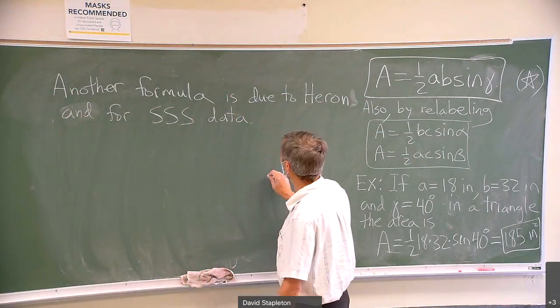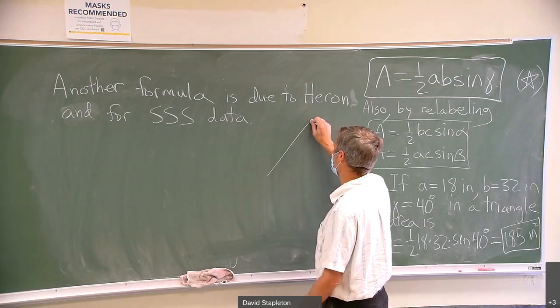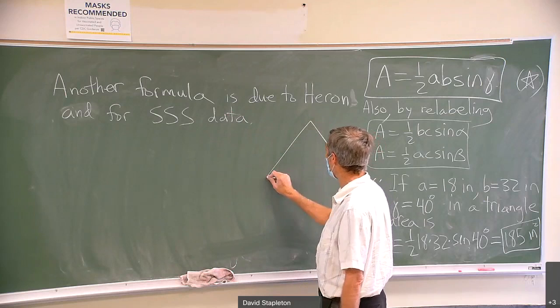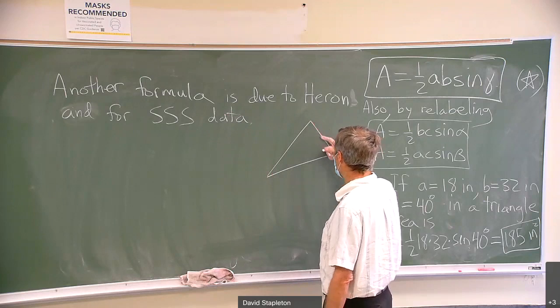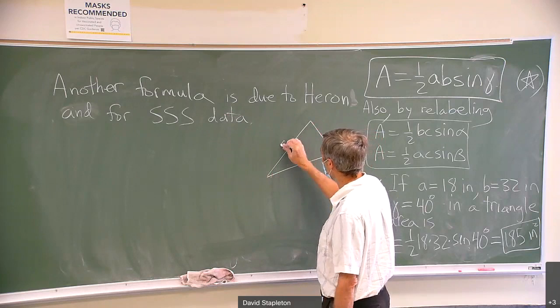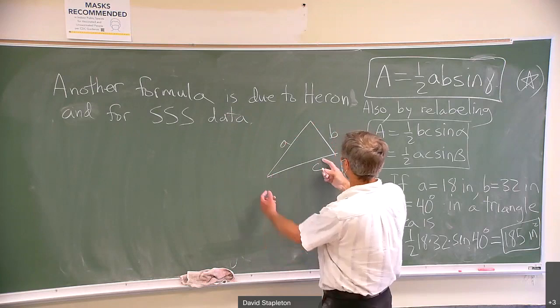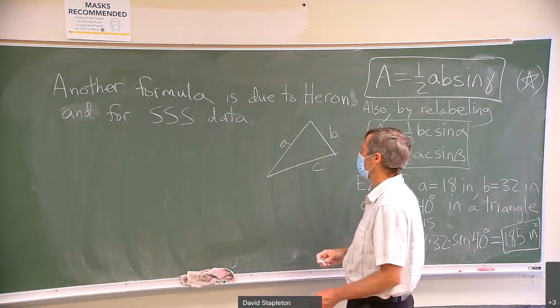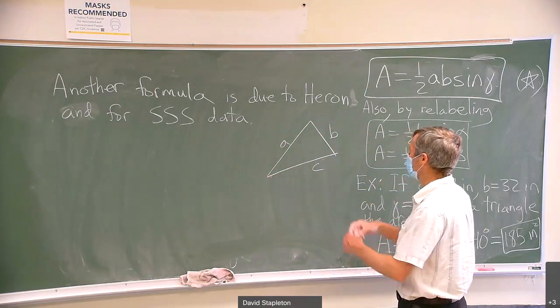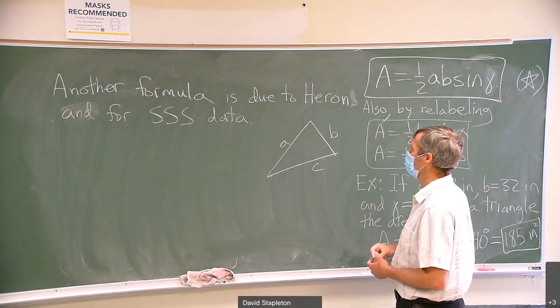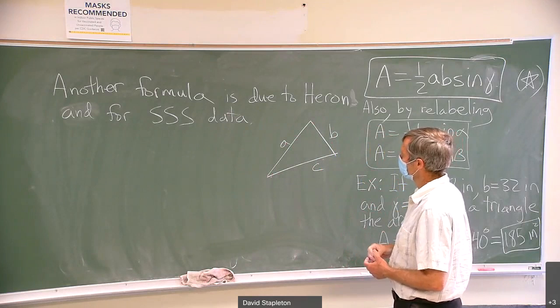If you had a triangular farm, you can measure off maybe on the road along the sides here, or with your tractor coming down the aisles around the edges. And suppose you measured sides A, B, and C of a triangle, and that's all you knew. You didn't know the angles because you can't see over the trees and crops and so forth. How many square units, square miles or whatever is your piece of land?